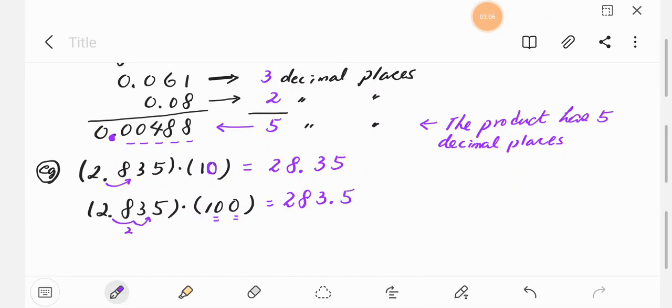Because you are multiplying a number by a number which is greater than 1, the result will be greater. So in that case, move the decimal point to the right so that the number will be greater. So if there's 1 zero, then move 1 place to the right. And 2 zeros, then move 2 places to the right.